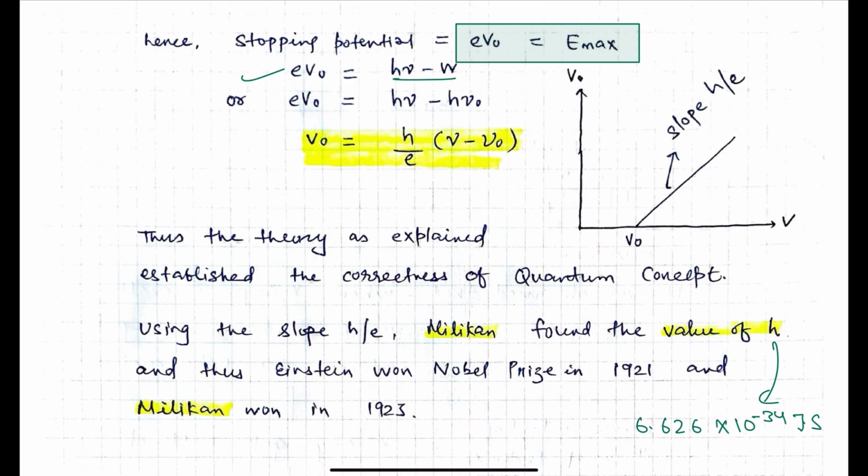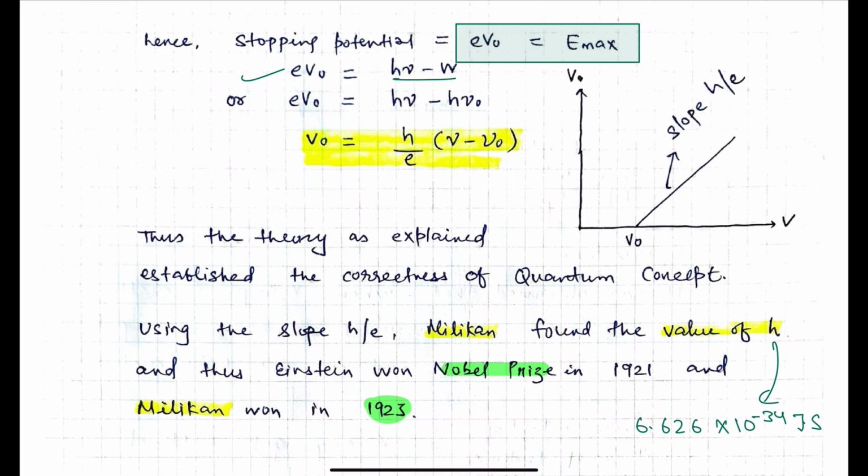And for the work in explaining the photoelectric effect, Einstein got the Nobel Prize, and for the work to find the value of h, that is Planck's constant, Millikan got the Nobel Prize in 1923. So in the span of 2 years, they both got the Nobel Prize.